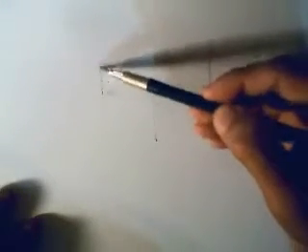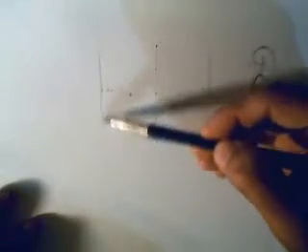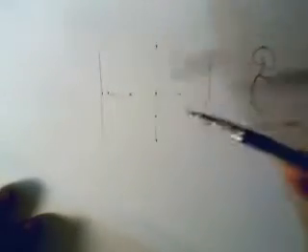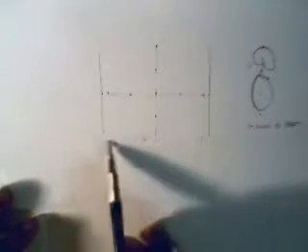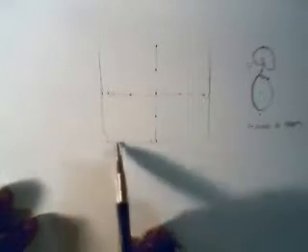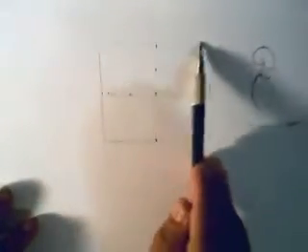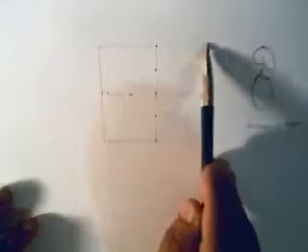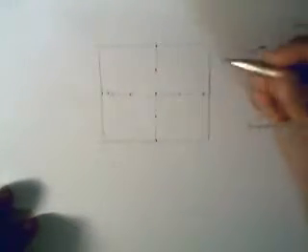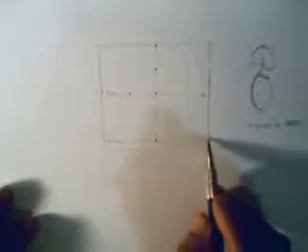So here we'll do the same thing. Go down, and then we will make this into a rectangle. For this I'm obviously using a pencil, and later if we get time we'll outline it in pen.